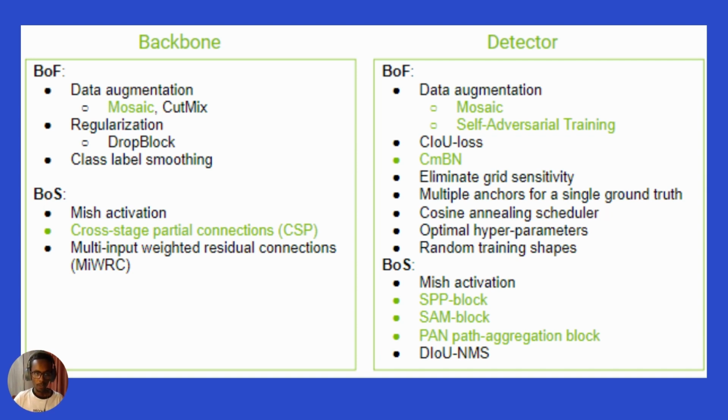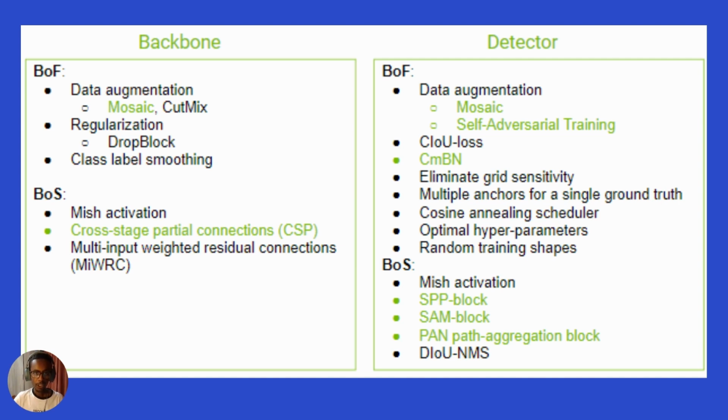So in order to summarize what we have talked about up until now, we can introduce the Bag of Freebies and the Bag of Specials on the backbone or the detector part of the network. Since there are a lot of techniques that were introduced in the YOLOv4 paper in order to make the model more efficient and be trained on a single GPU, they wanted to group them into two categories, and these techniques can be implemented on either the backbone or the detector part of the network.